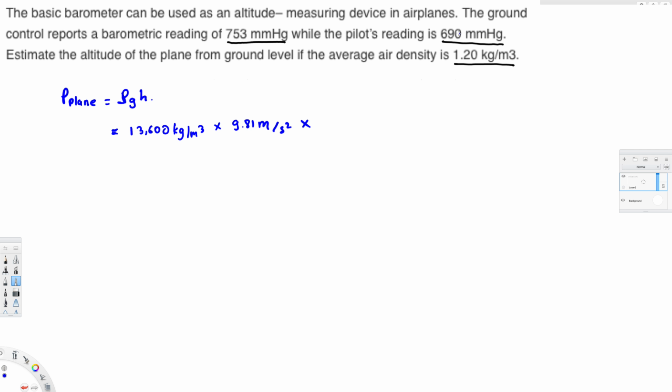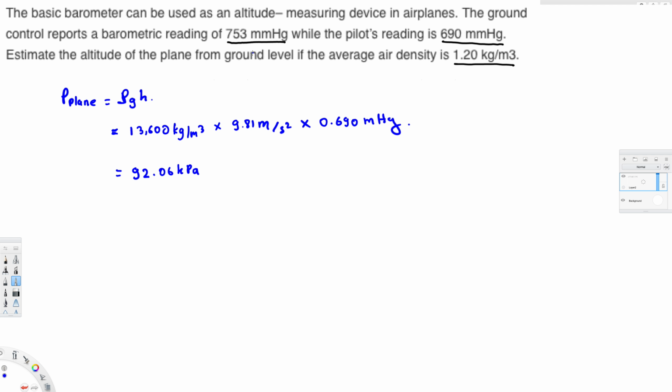This is in millimeter, so we have to convert it into meter. That's going to be 0.690 meter mercury. And if you calculate this, the value gives you 92.06 kilopascal. So this is the atmospheric pressure measured from the plane.